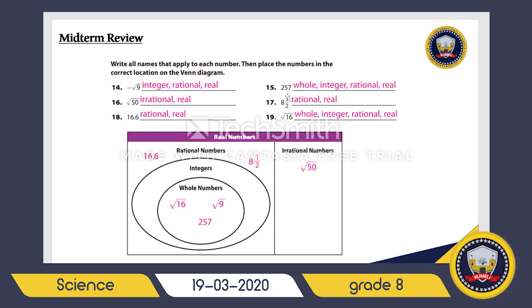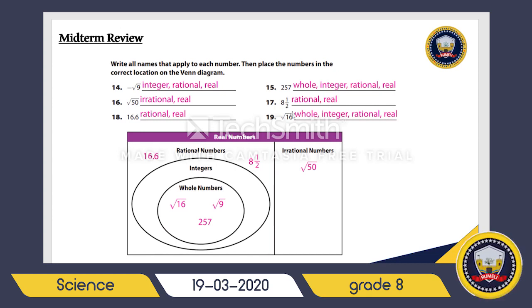Now 8 plus 1 over 2, what is it? It is a rational number. Why? Because I can write it as a fraction. This one is equal to 8 plus 1 over 2, which is 8.5 if you want. 8.5 is a terminating decimal, so it is a rational number and real number.